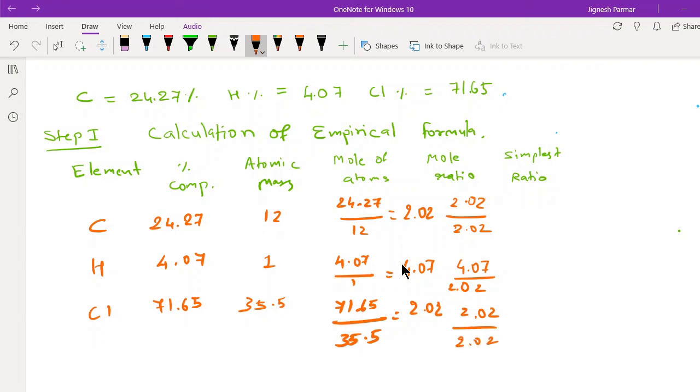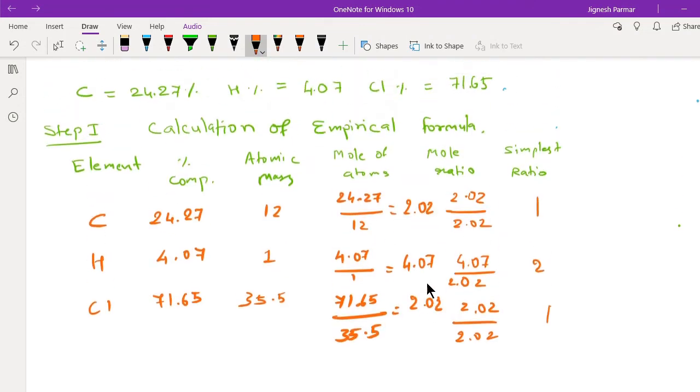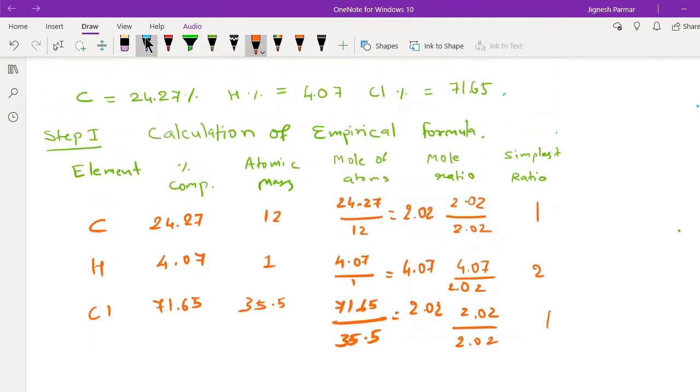So guys, what will be the simplest ratio? I will get 1, the middle one will be almost 2, and the last is 1. So my dear students, carbon is 1, hydrogen is 2, and chlorine is 1.